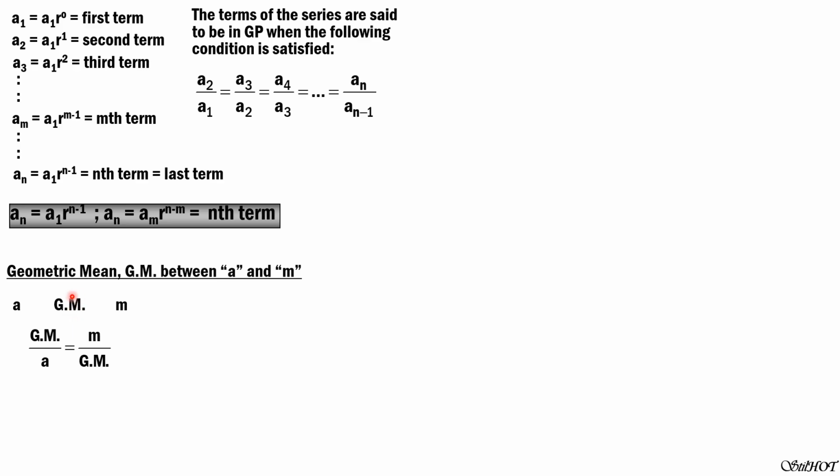Or any middle term, the square of any middle term is simply the product of the terms immediately before and after that term. So the geometric mean therefore is plus or minus square root of MA, and we use plus if both M and A are positive, and we use negative if both M and A are negative.